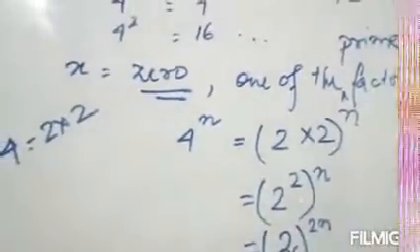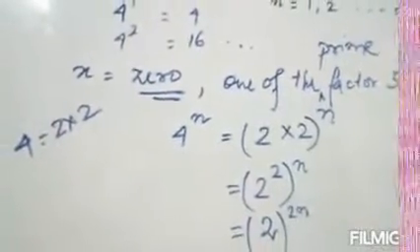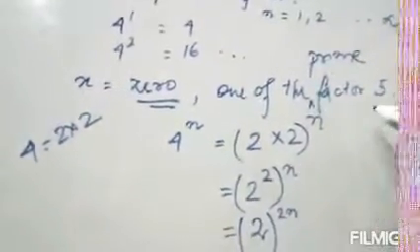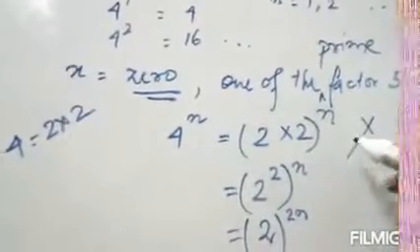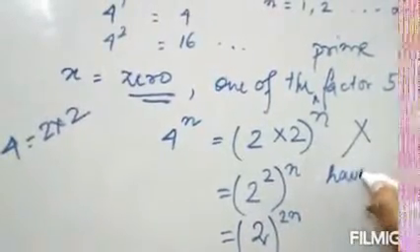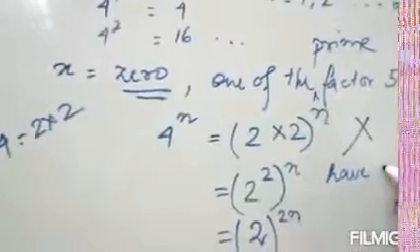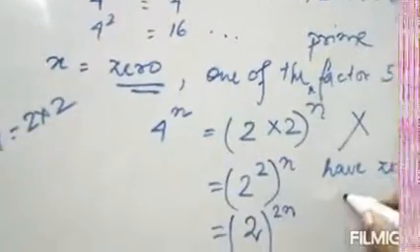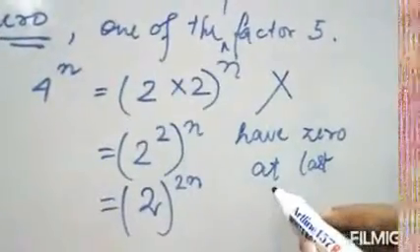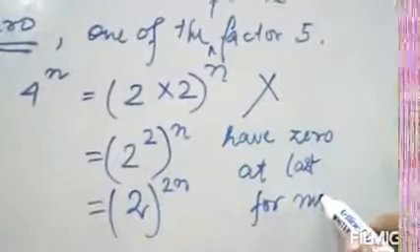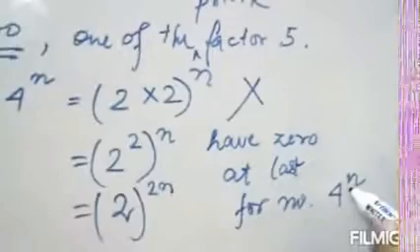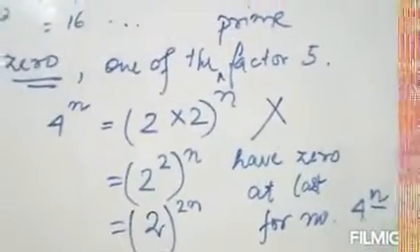So anywhere can you find 5? No, we can't find 5 over here, which means it is not possible to have 0 at last for the number 4 to the power n, n being any natural number.